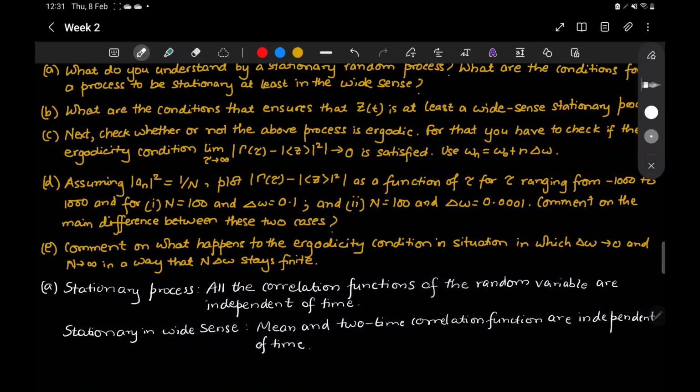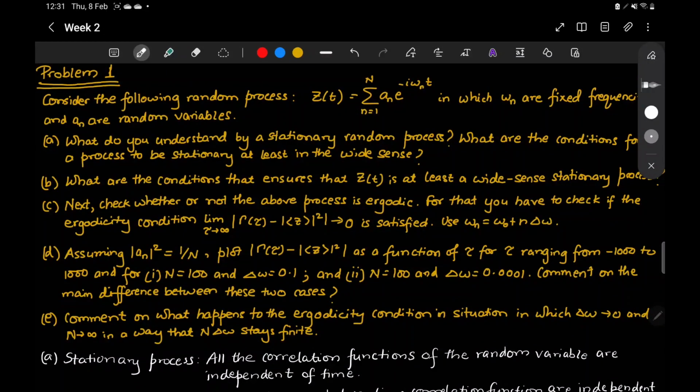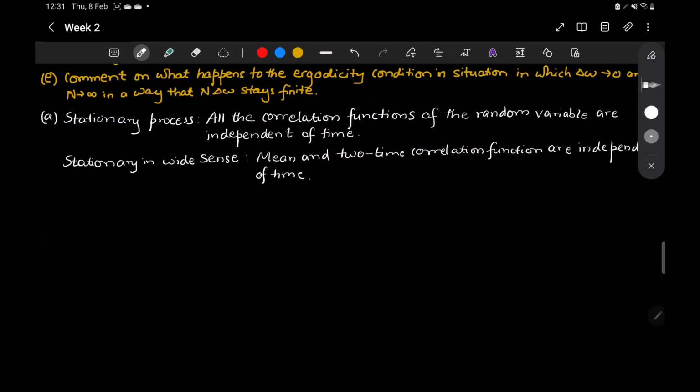So part B says, what are the conditions that ensure that the given random process Z(t) is at least a wide sense stationary process? So let us look at that. What is the mean? You would have seen this in the previous week as well.